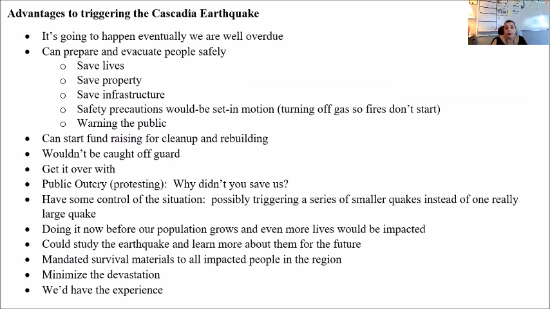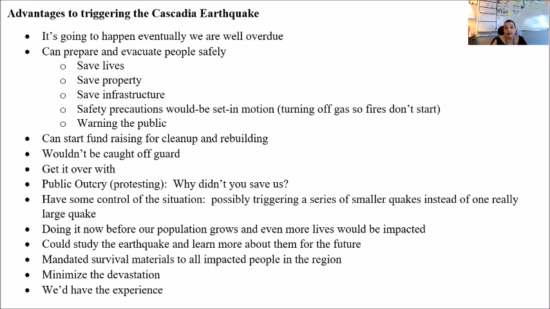Get it over with. We wouldn't be living under this cloud of when will it happen. People would have some kind of control of their situation. People could say, hey, you had the opportunity to save us, why didn't you? There'd be public outcry if we didn't. Do it now before our population gets any bigger was another thing you came up with.